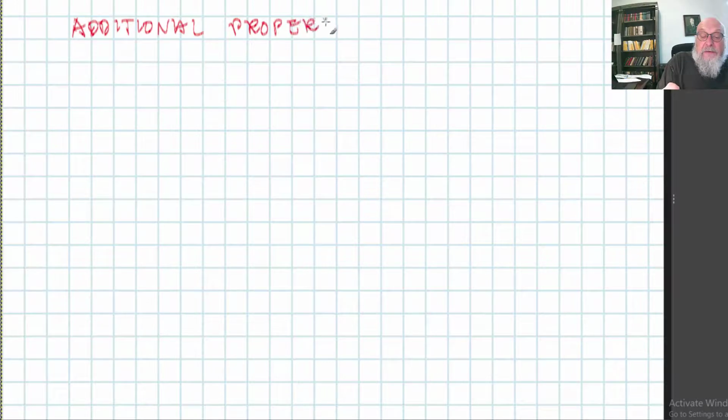So let's go to a new page and talk about further properties of compact groups, or additional properties of Lie groups.